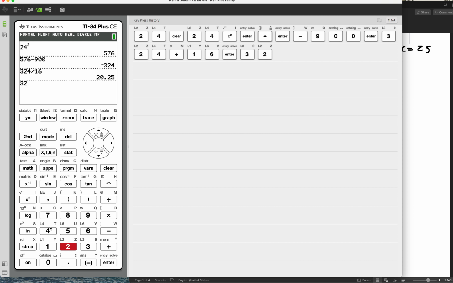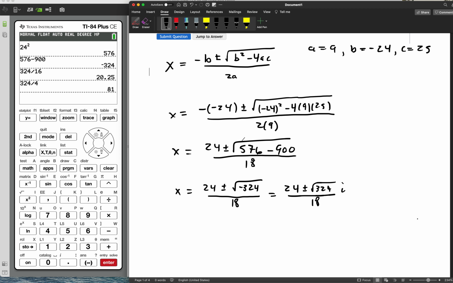No. 324 divided by 4 is 81. So it breaks down into 4 times 81. So 24 plus or minus square root of 4 times square root of 81, I over 18. So that's 24 plus or minus 2 times 9, which is 18, over 18.